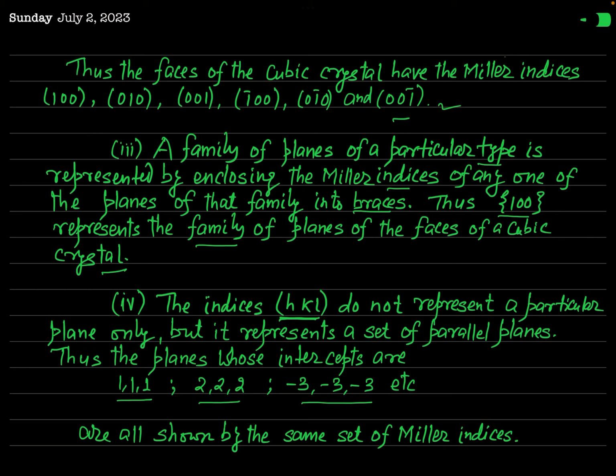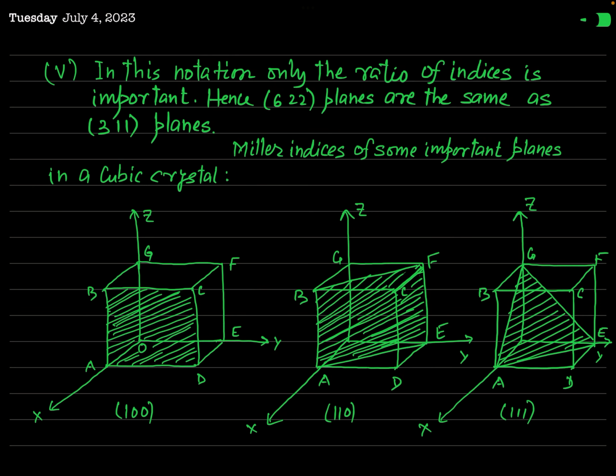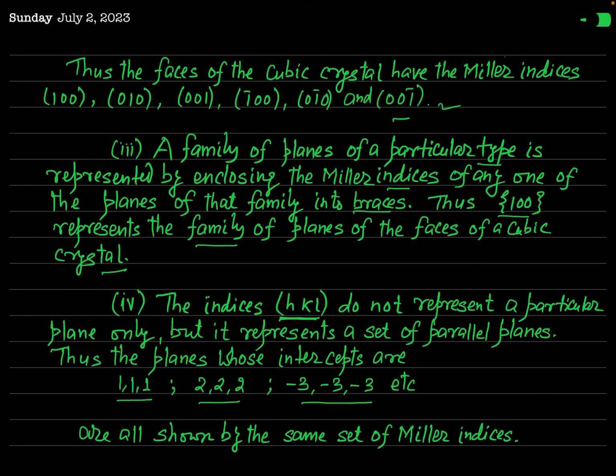Okay, so the planes whose intercepts are like 1, 1, 1, 2, 2, 2, -3, -3, -3 are all shown by the same set of Miller indices. If these are the intercepts, then the Miller indices are the same.